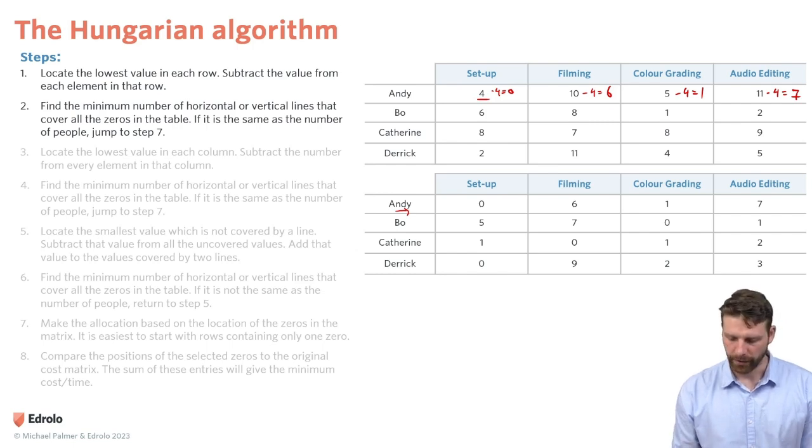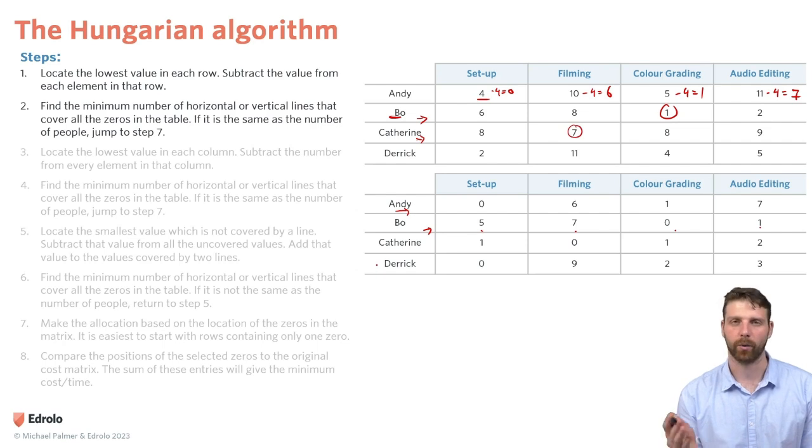Okay, so we did that, and we did that for every row. So for Beau's row, the lowest value is 1, and if we take away 1 from all the values in that row, then we should get 5, 7, 0, 1. And then we look at Catherine's row, and the lowest value here is, I think, 7.